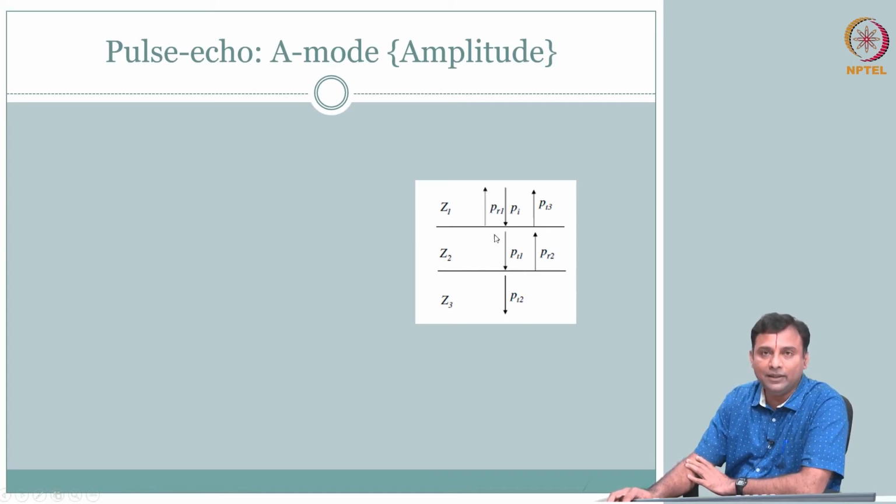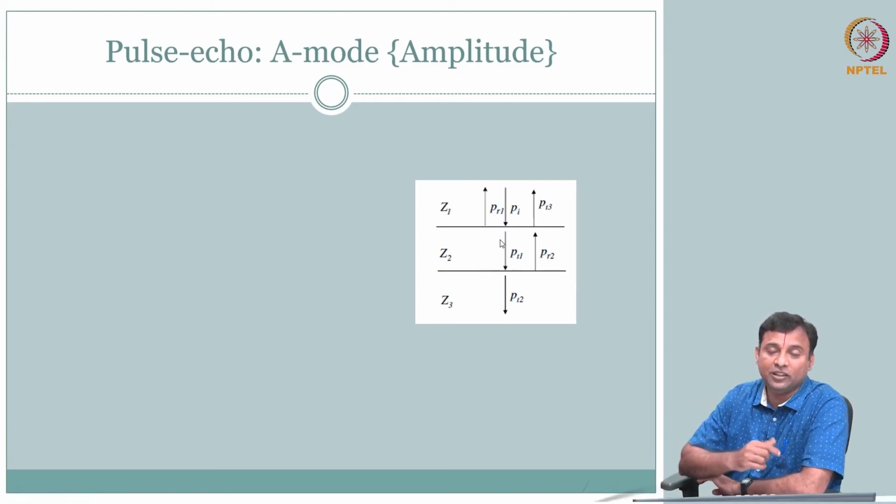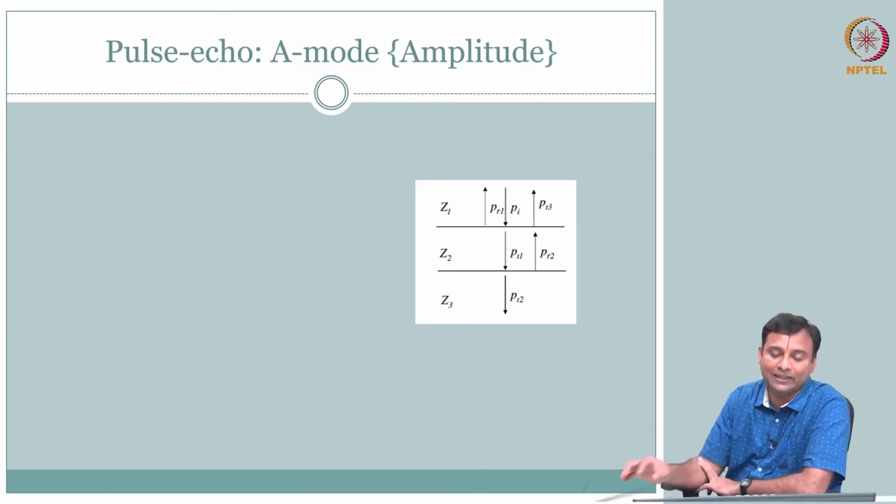I can send a pulse, and if I get an echo, then I know that there is an interface there. When I listen to the echo, wherever I get a good high amplitude echo back, I can then, based on my range equation, say at which location that interface is present.